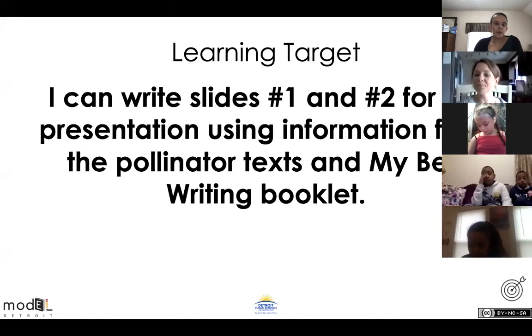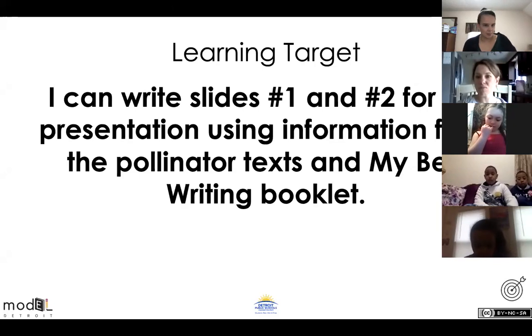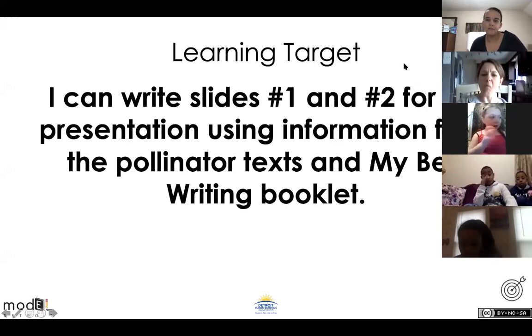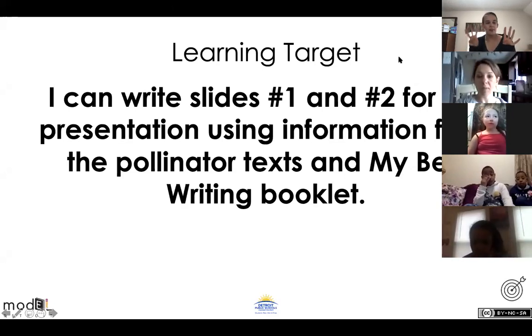So yesterday we read a text about bees, apples, and tomatoes during ELA, and then you read one about flies, wasps, chocolate, and blackberries, I believe, right? So you now know 4 different types of plants and 4 different pollinators.